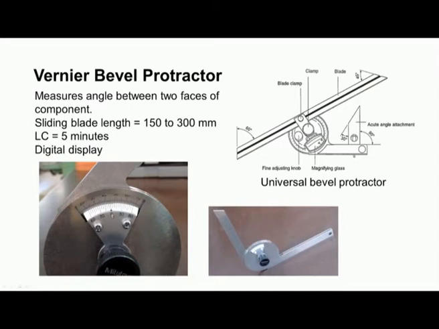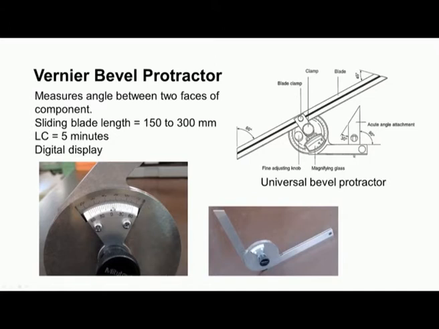So, this is the 0 reference. Towards one side it shows 60 minutes, and the other side it shows 60 minutes. Now, the least count for this particular vernier is 5 minutes. That means 5 minutes, 10 minutes, 15 minutes, 20, 25, 30 minutes.